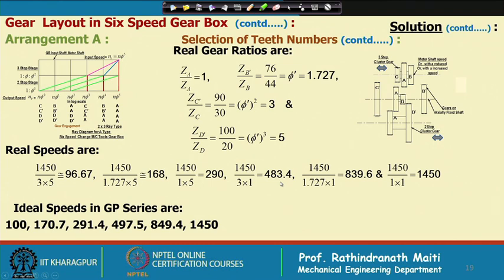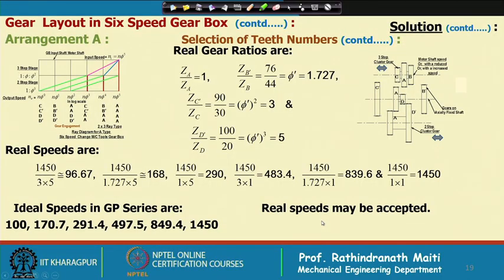However, in the fourth speed the difference is very high: it is 483.4, whereas it is 497.5, and in this case the difference is 10, and in the last stage of course there is no difference. Now, these differences, considering the material, process and their allowable variations, the real speed may be accepted. This speed is accepted in designing, and all rules are also satisfied.